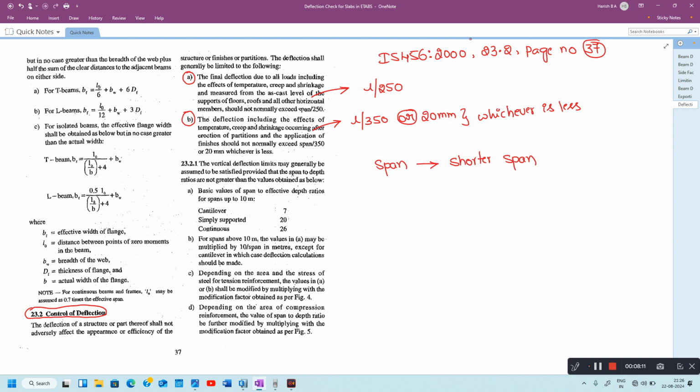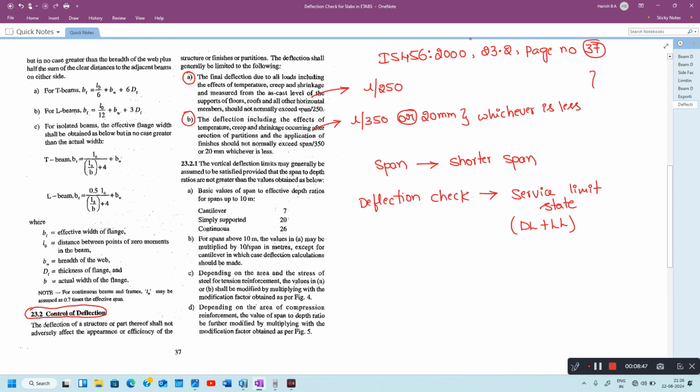For deflection check, we consider the service limit state, which means dead load plus live load. So this is your serviceability limit combination.